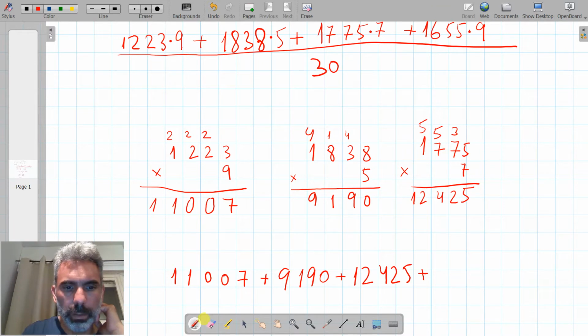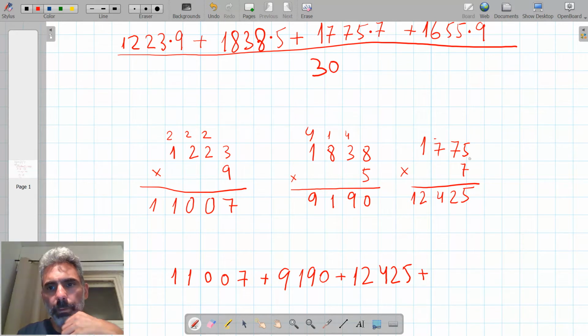Let's solve this again to make sure that I didn't make a mistake. 5 times 7 is 35. 7 times 7 is 49, plus 3 is 52. 7 times 7 is 49, plus 5 is 54. And 7 times 1 is 7, plus 5 is 12.